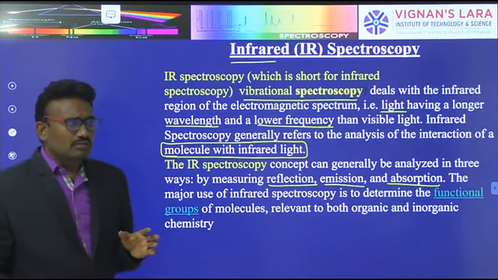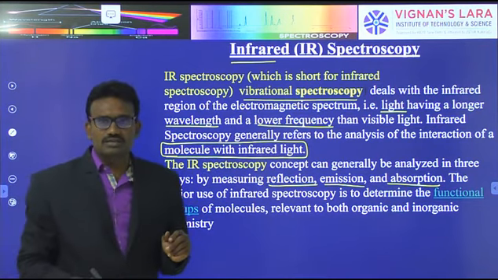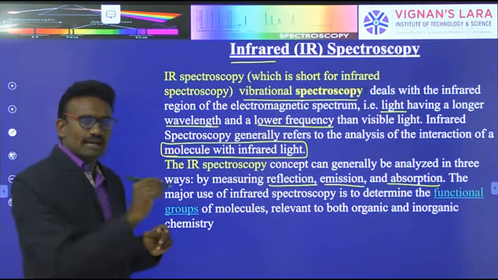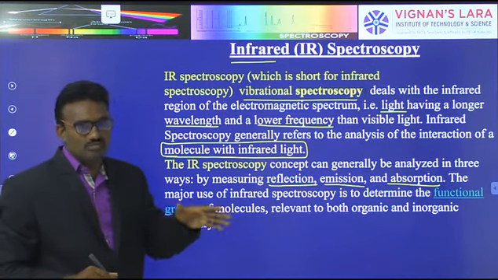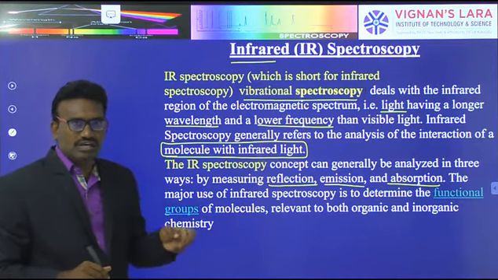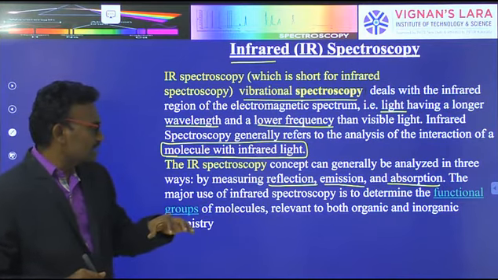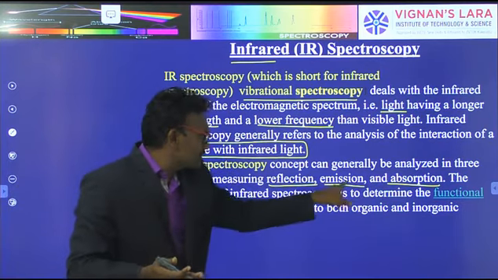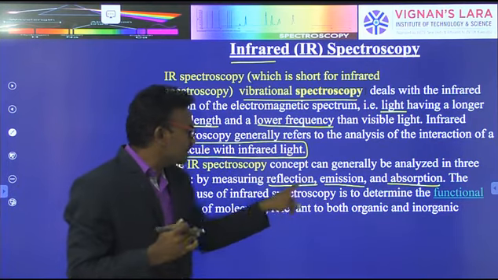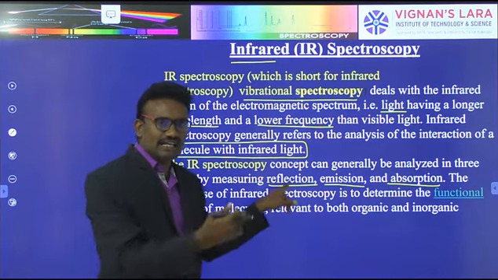Commonly, the light is passed into the sample. The sample contains different types of molecules and different types of atoms. Some molecules absorb the light, some molecules emit the light, and some molecules reflect the light.